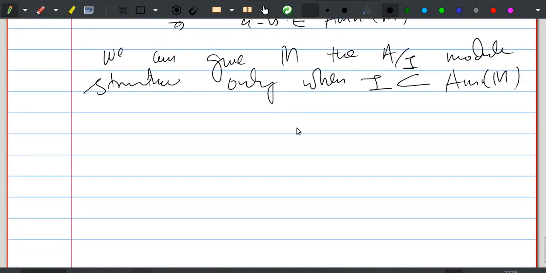Then in that case, this M has the natural A mod I module structure.